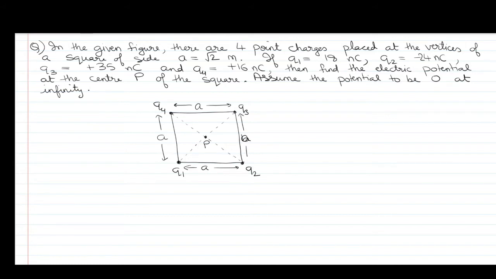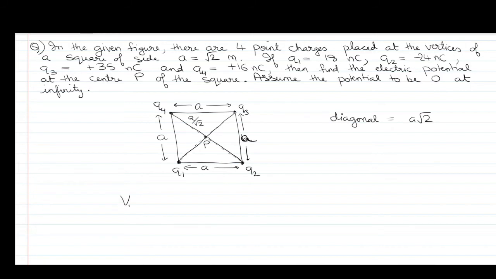Now, as we can see, the distance of any particular charge from the center is half of the diagonal. The whole diagonal can be found using a root 2, so half of the diagonal is a root 2 divided by 2, which means it is a by root 2. Now from each charge, the distance is a upon root 2.